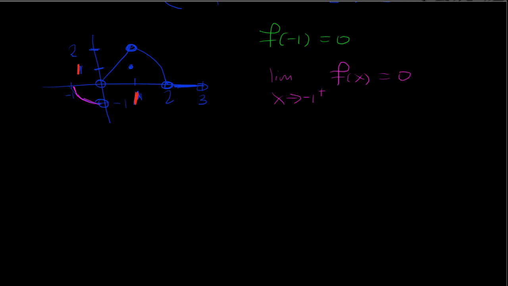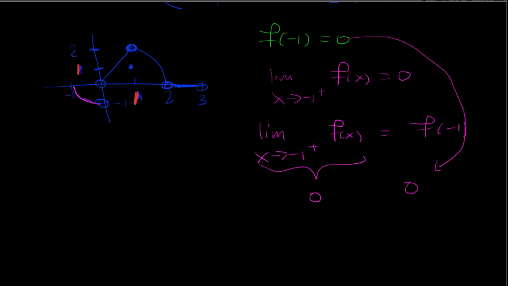The next question, does the limit as x approaches negative 1 from the right of f of x equal f of negative 1? Well, from above, this we said is 0. And then f of negative 1 is also 0 from here. So yes, those two are the same.